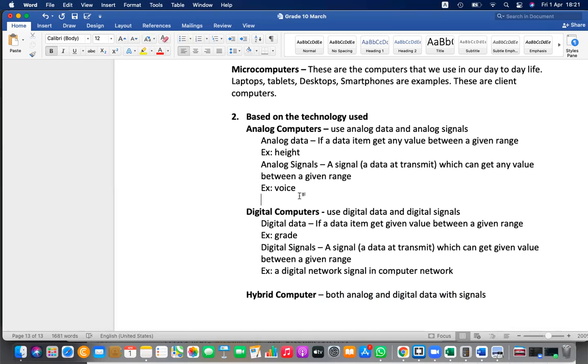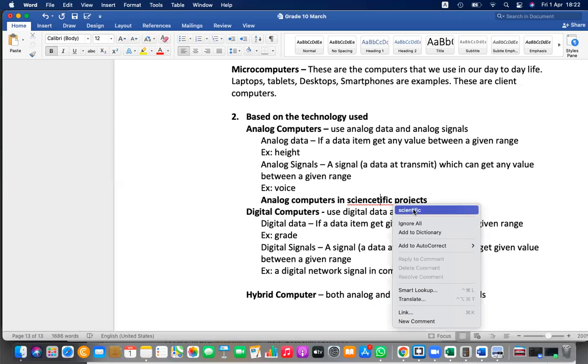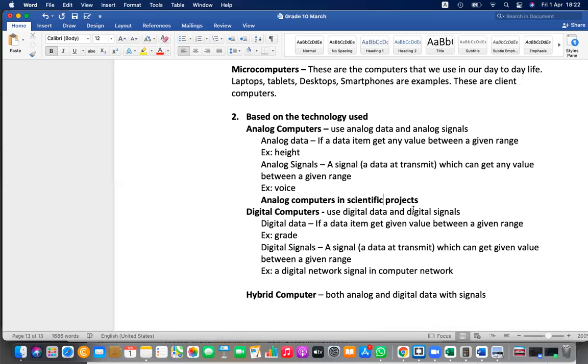Actually, analog computers are used in scientific projects. Basically, in scientific projects, you have analog computers. The digital computers are like the personal computer.